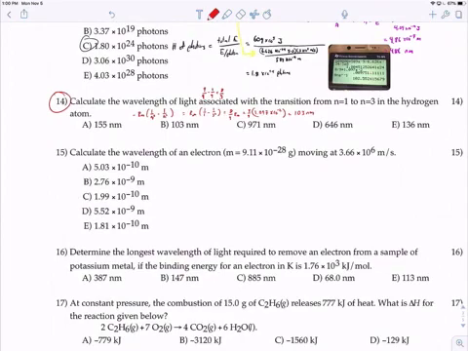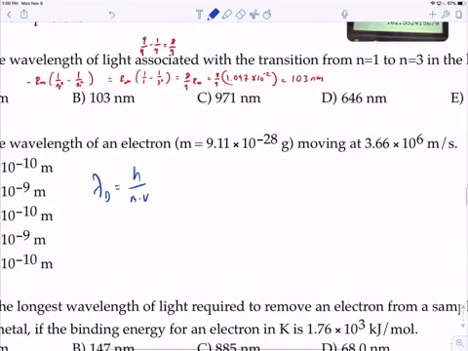Okay, de Broglie wavelength. You're given that lambda d is h over mass times velocity, and I think you have a question like this in the test, and something that's confusing is the 10 to the minus 31 kilograms. I even wrote that out because I didn't want to confuse you with the grams.